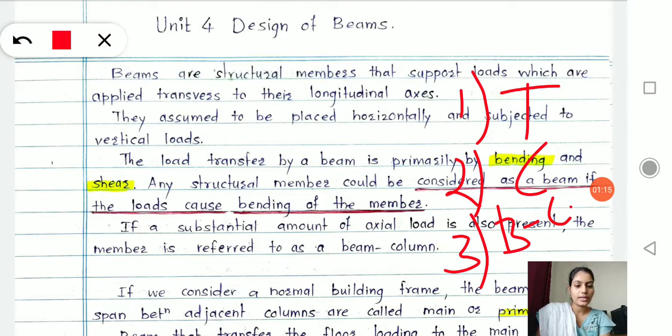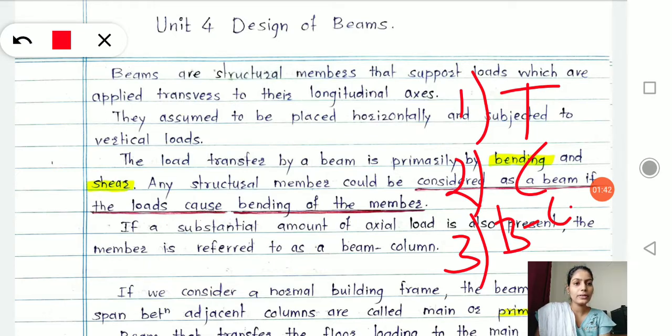Now in the second unit we come to the compression member, where we have understood designing of columns, how to design a column when it is axially loaded, and how to design when it is loaded with some extra moment due to the eccentric loading. If there is a development of moment, in that case how we will design it, that part is covered in the third unit, where we understood what is beam column.